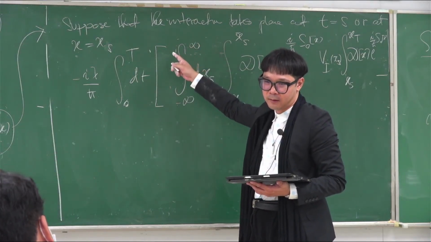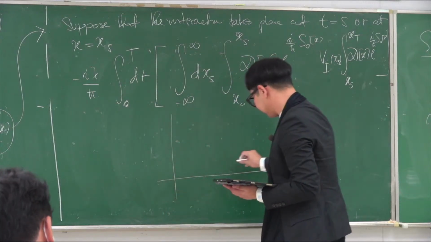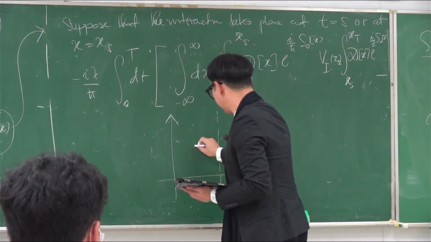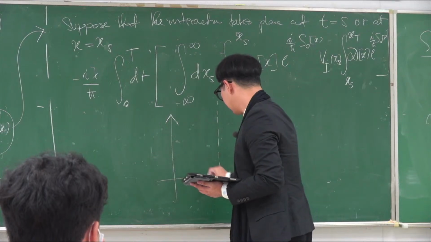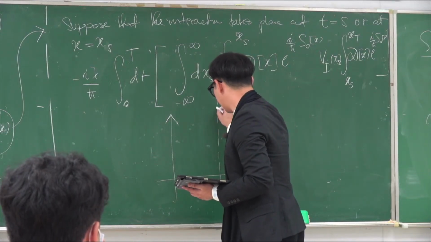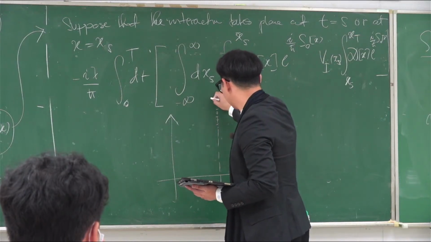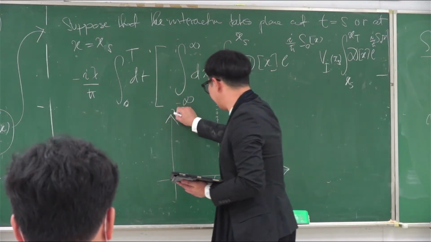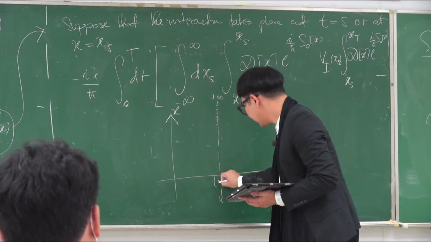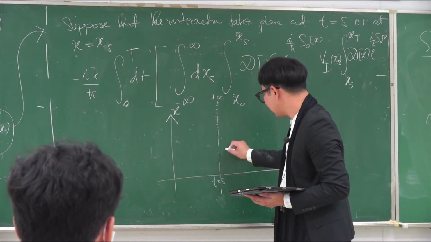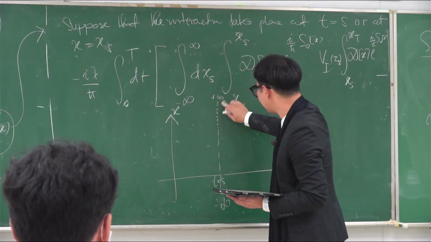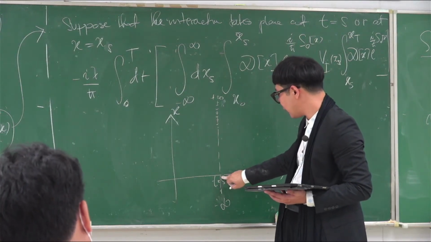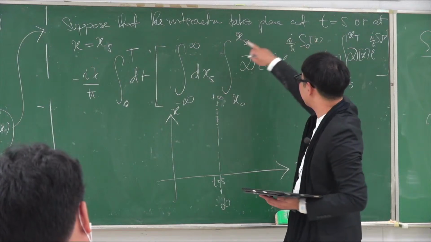You know what I mean? But if you draw, suppose there's going to be, it can be any of this. This is p equal to x1, and then this is x. Actually, not infinity, but infinity. This is the position at the time when the interaction actually takes place.